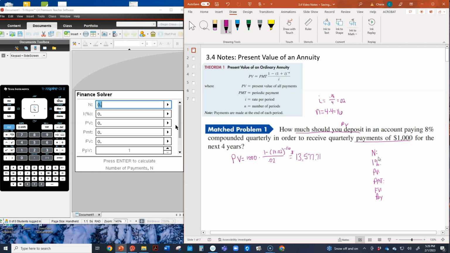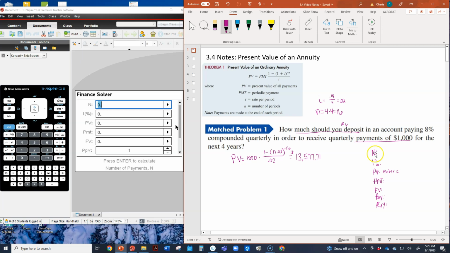And it's always the same. Payments per year, compounds per year. In this particular problem, we're solving for this, so this is going to be the one you press enter on, and then you'll put what you get for an answer.